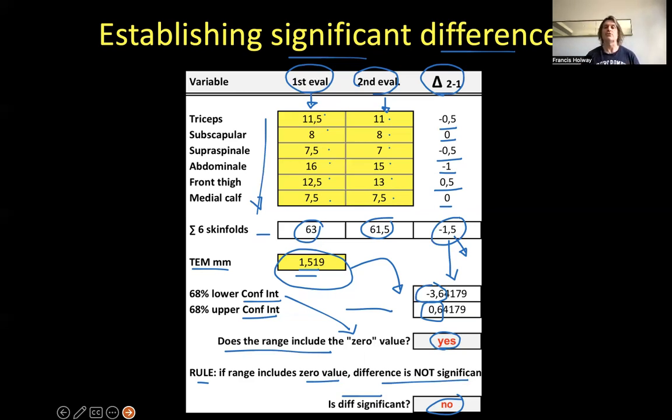And if people come to you and critique you and say, oh, you use anthropometry, you know, that's not very precise, you can answer, excuse me, I'm a certified level 1 anthropometrist. This is my technical error measurement. And my data has been presented by calculating confidence intervals based on my technical error measure for skin folds. So I can say with a level of confidence that there has been a significant change from this diet regimen or exercise regimen or not.